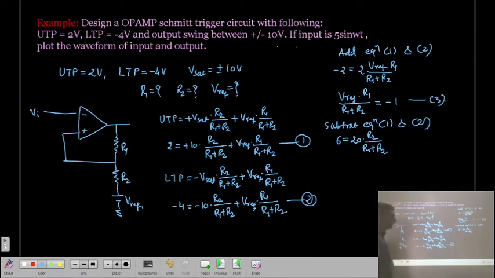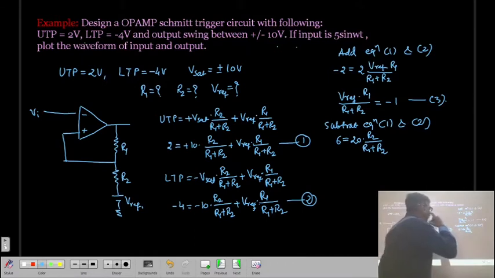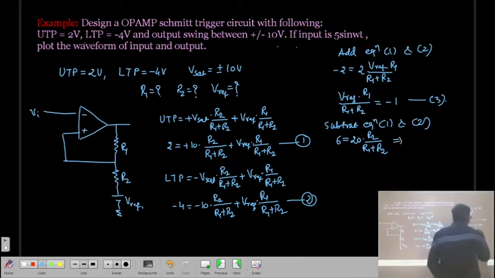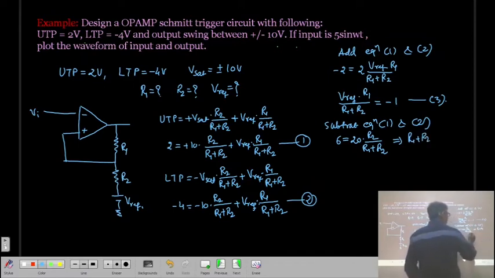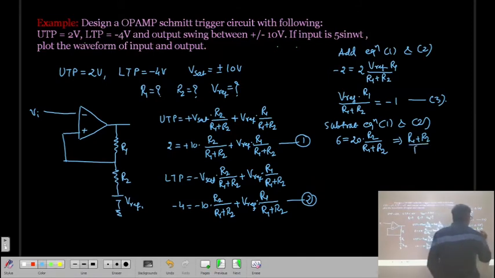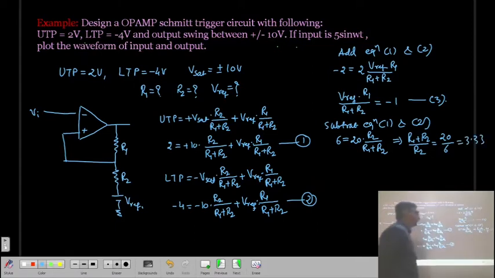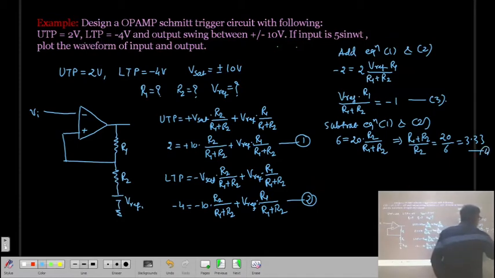So what will we get? R1 plus R2 divided by R2 will be equal to 20 by 6, and this is 3.33. Correct?